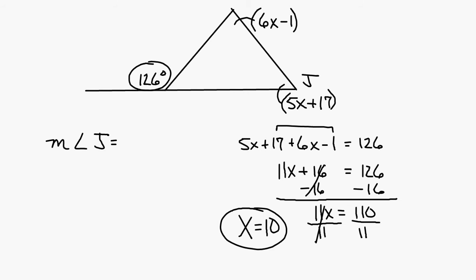So if x is equal to 10, you go back to the expression for angle J and you replace the x with a 10. So you get 5 times 10 plus 17, and that's 67 degrees. So the measure of angle J is 67 degrees.